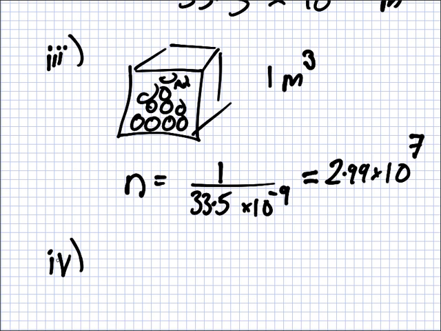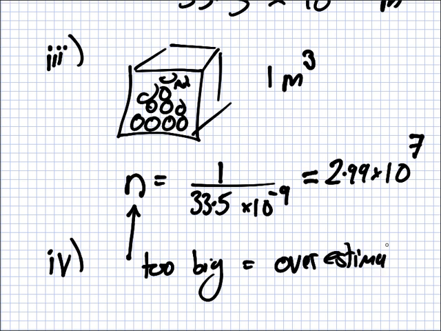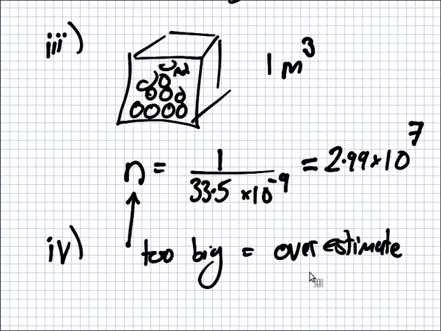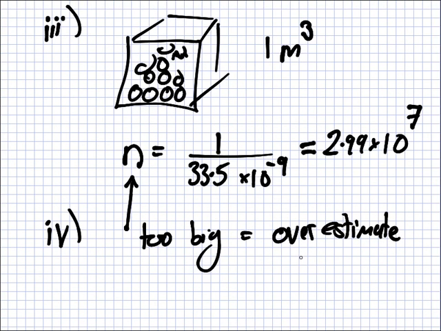And the last part is, an over or an underestimate? So their question is, is this n here going to be too big or too small? Too big, yeah. Which means it's an overestimate. Explain.